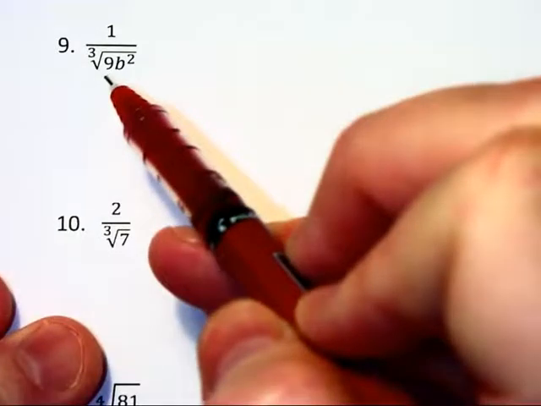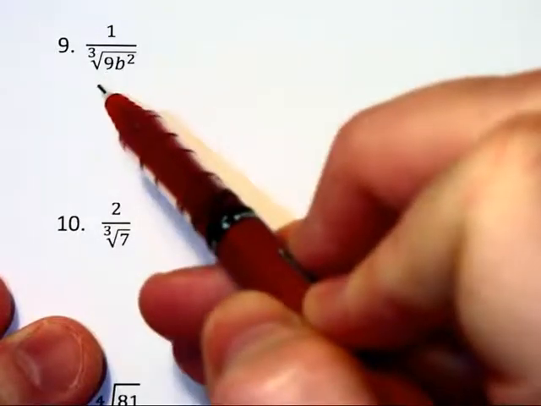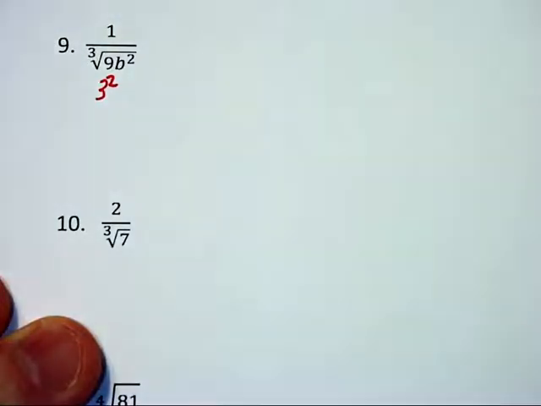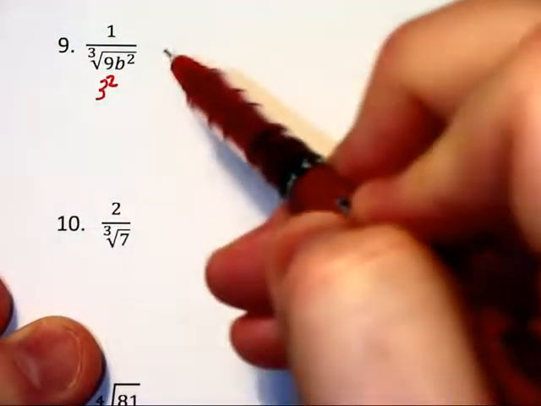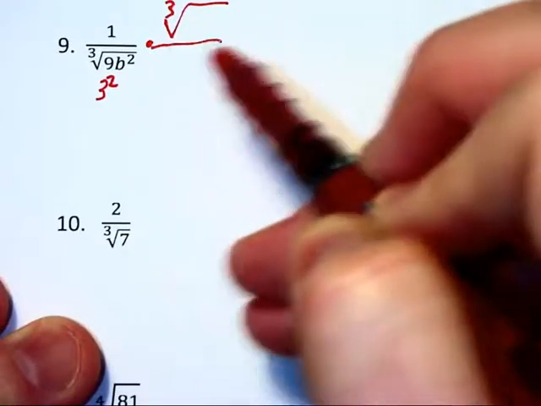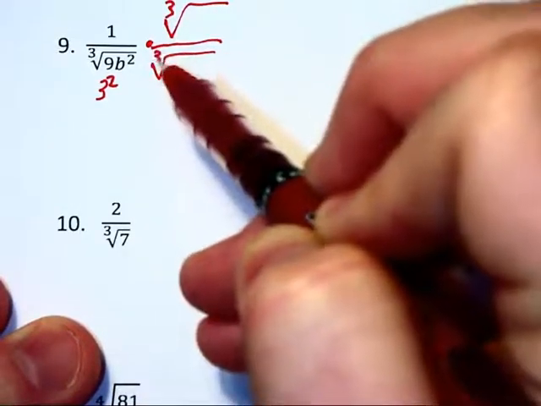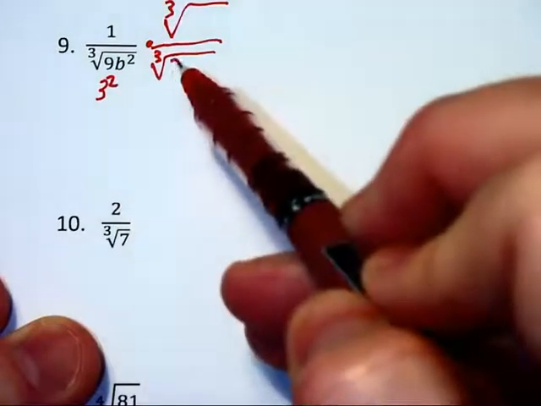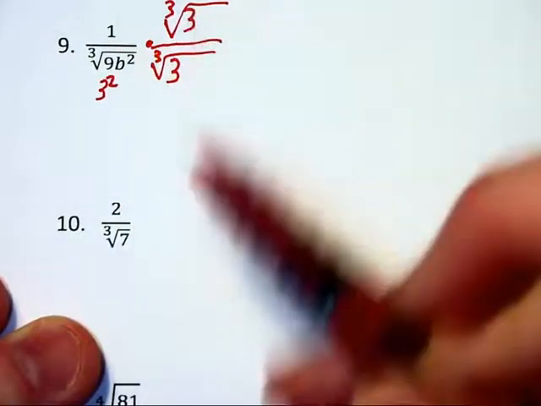For problem 9, instead of thinking of that 9 inside the radicals, let's think of it as a 3 squared. Get down to its prime factors. Now when we multiply by something, we're going to have to create cube roots, create 3 of a kinds. I've already got 2 3's. I need 1 additional 3 to create a 3 of a kind.